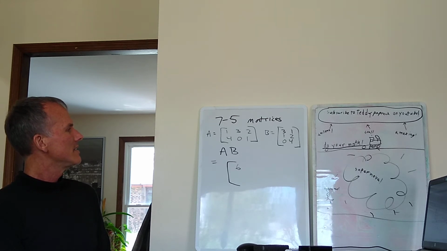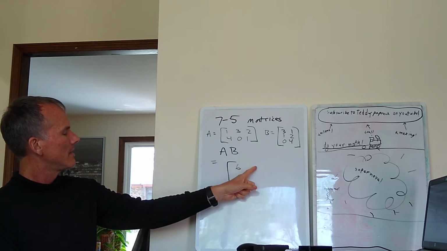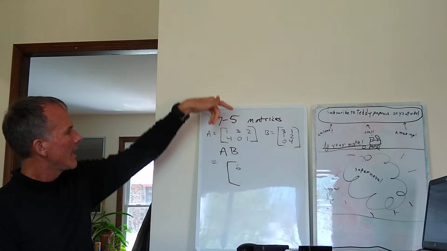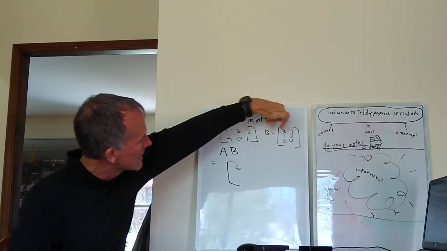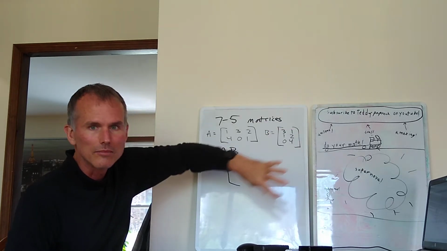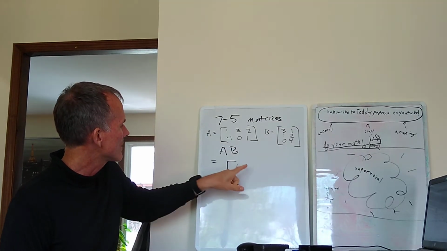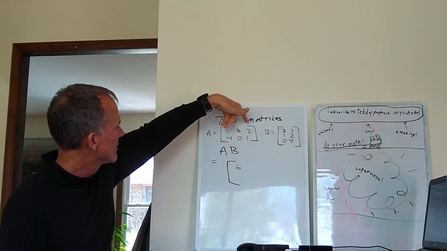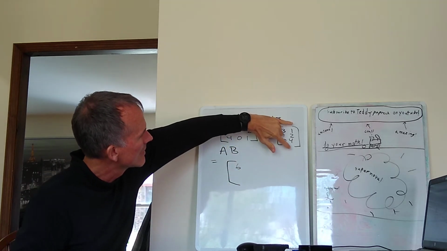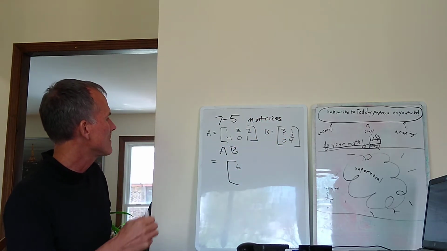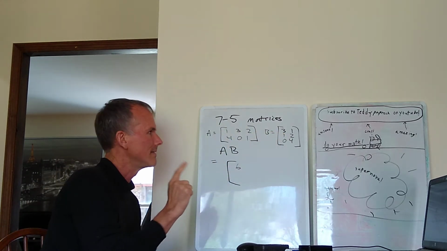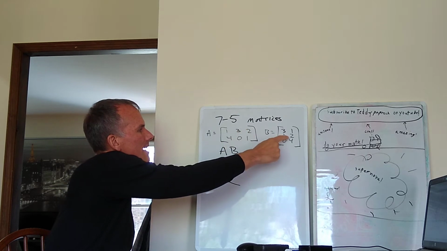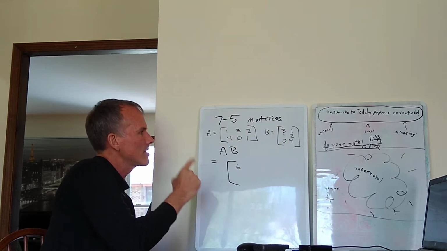Now to get the element that goes up here, I take the first row times the second column over here. So to get this element, I take this row times that column. So that's going to be 1 times 1 is 1, plus 3 times 2, which is 6.